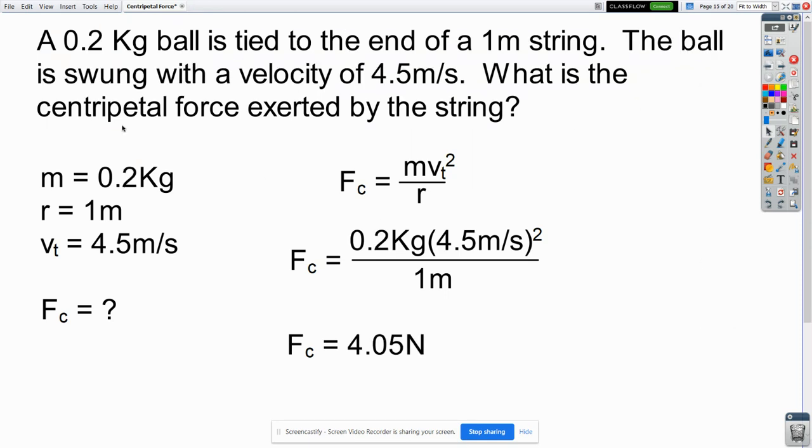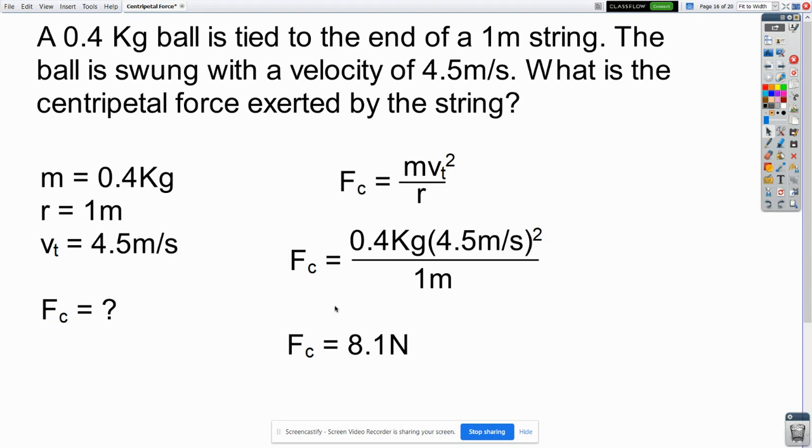So what we're seeing is a doubling of the mass, started off at 4.05, giving us a doubling of the centripetal force. When we double the mass, we double the centripetal force, a directly proportional relationship. So again, that's in the equation. That relationship is built into the math. That's how the equation was derived.